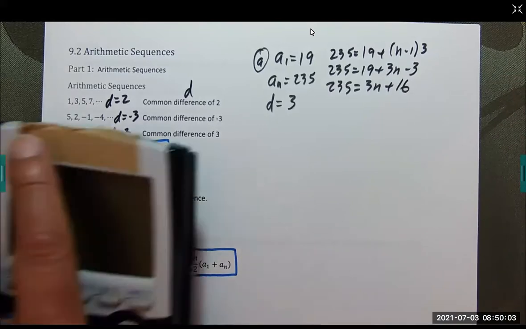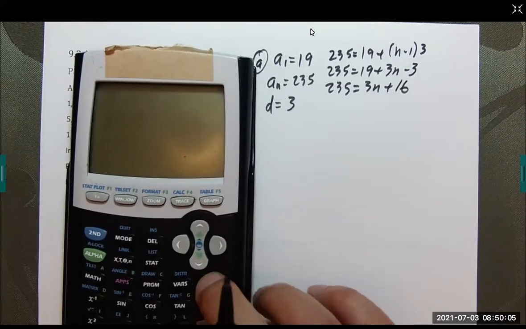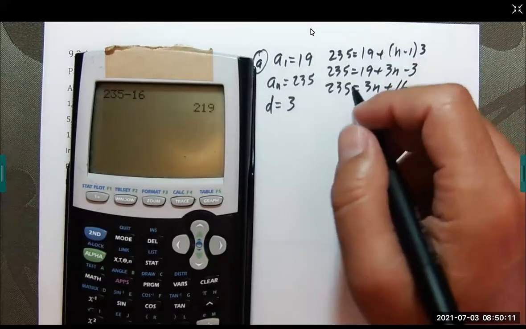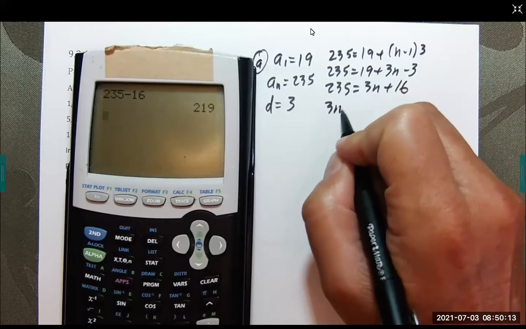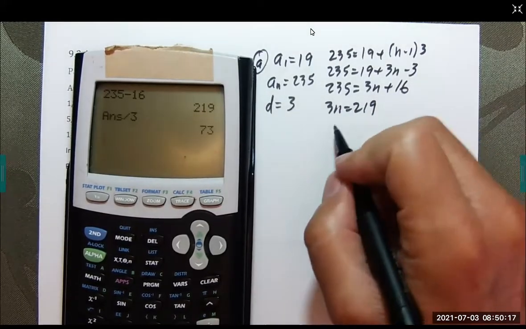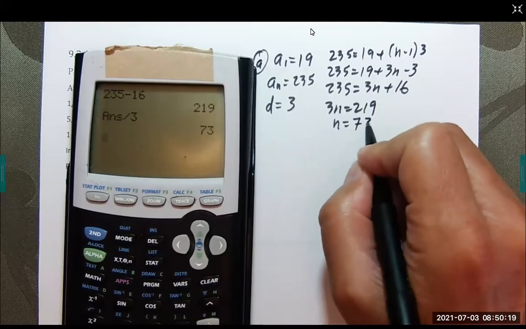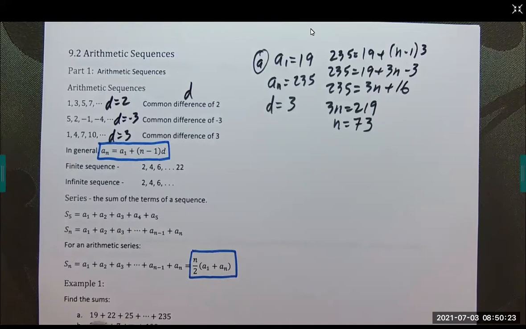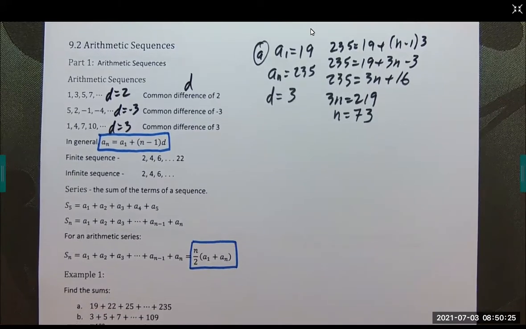Now I'm going to go 235 minus 16, 219, divide that by 3. So there are 73 terms in this sequence down here, part A.